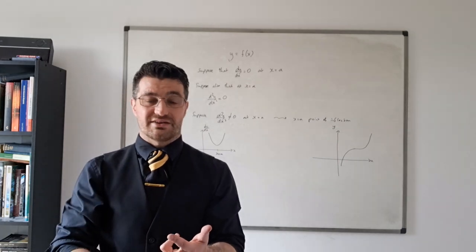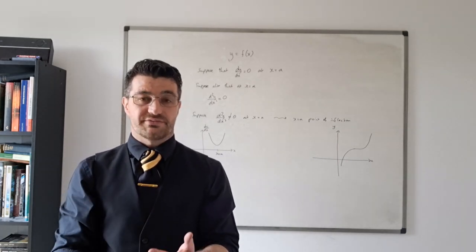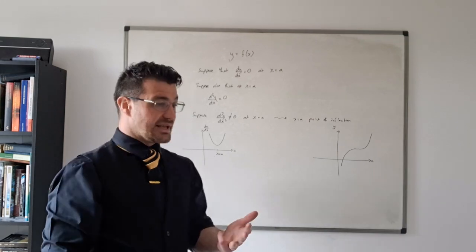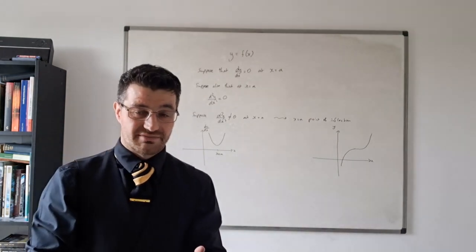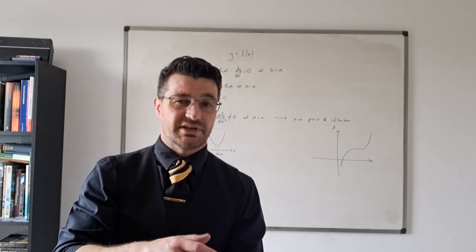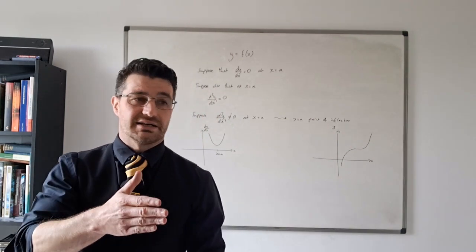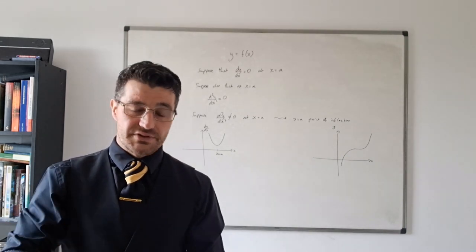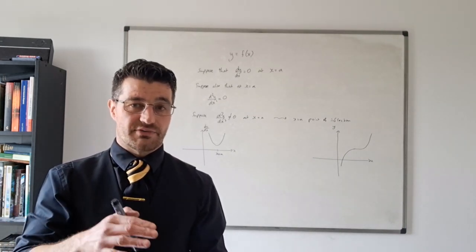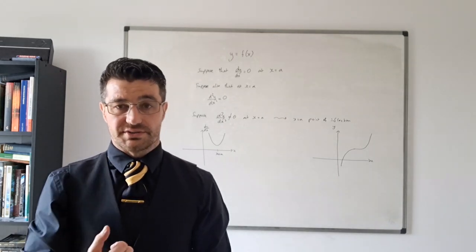If that comes back inconclusive, we go to the fifth derivative. And if that's not equal to 0, then we've got a point of inflection. So odd number derivatives are good for telling us when we've got points of inflection. Even numbers are good for telling us when we've got maximum points and minimum points.